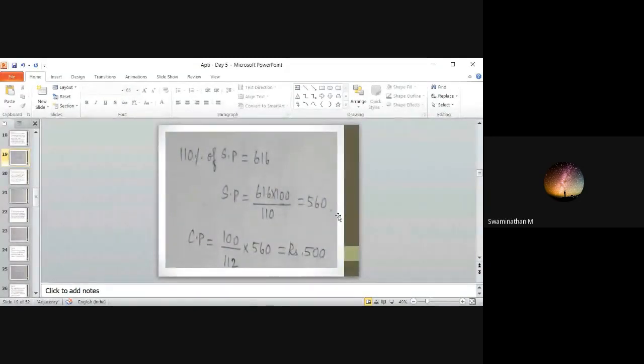See this explanation. If you don't understand, please tell me. Those who have given the wrong answer, understood or not? Or shall I repeat?